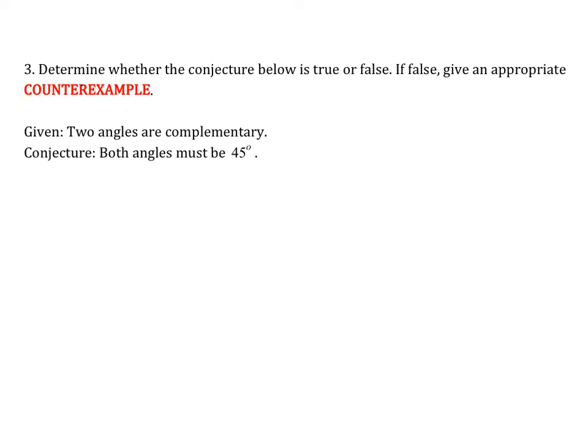So here it says, determine whether the conjecture below is true or false. If false, give an appropriate counterexample. So remember, a counterexample simply proves that a statement is false.